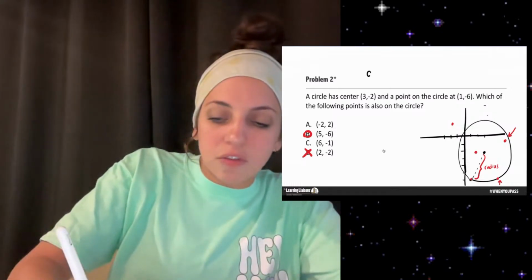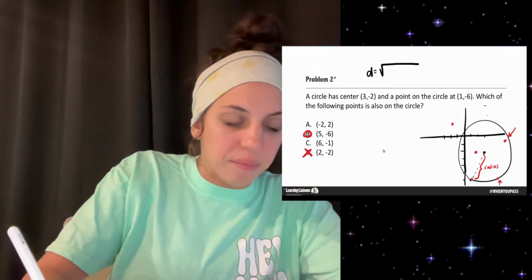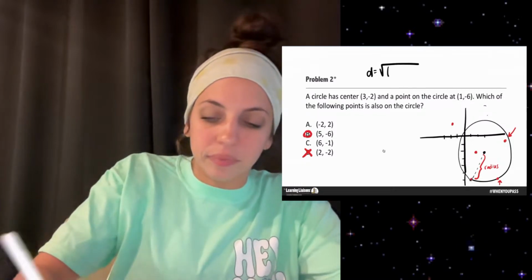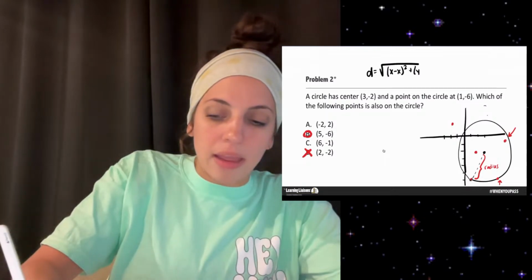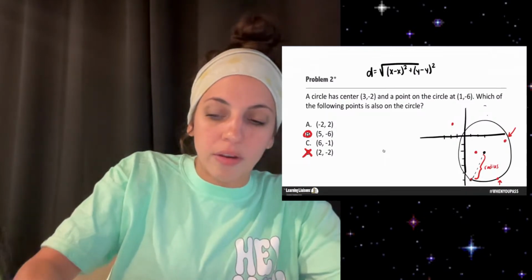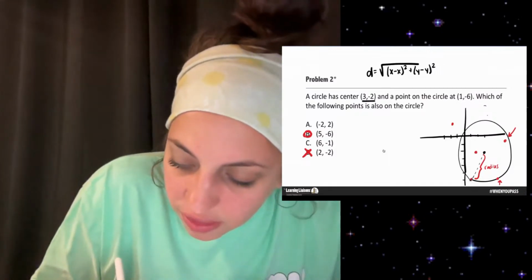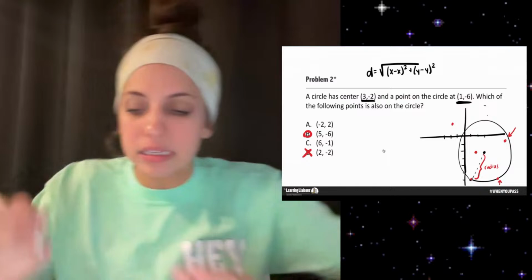So the distance formula says square root of (x minus x) squared plus (y minus y) squared. That's your distance formula. I'm going to use this point and this point to get a baseline distance.